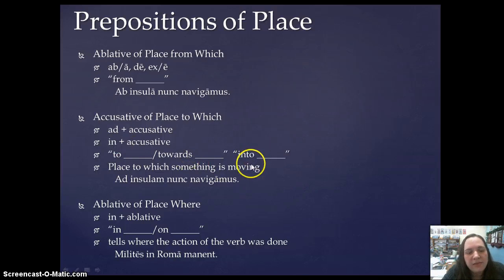In plus the accusative, into whatever, okay? And it tells you, generally, the place to which something is moving, okay? So if we can say ab insula nunc navigamus, we now sail from the island, we can also say ad insulam nunc navigamus, we now sail to or towards the island, okay?